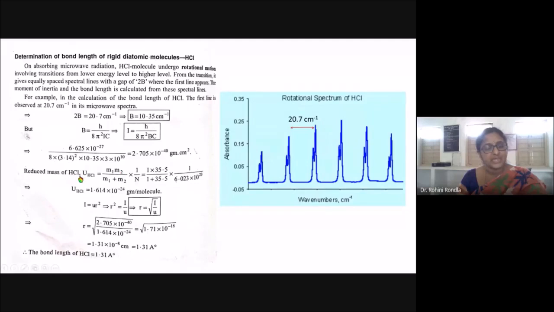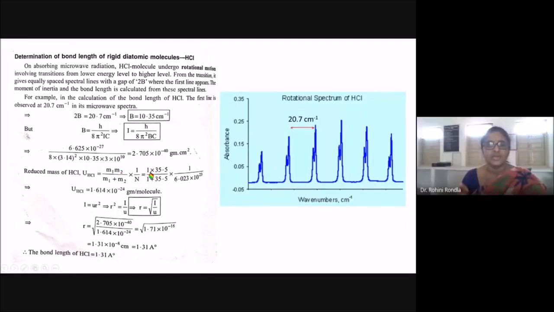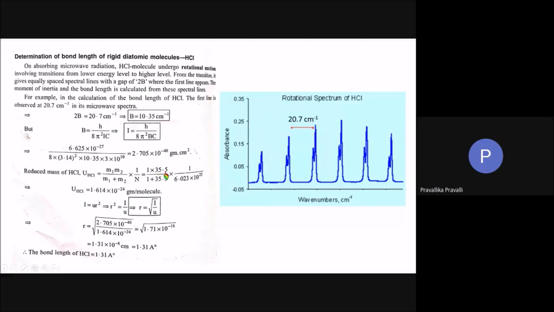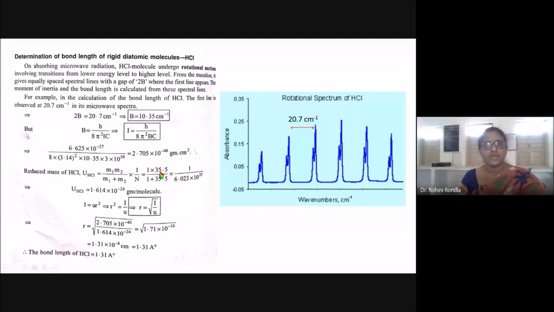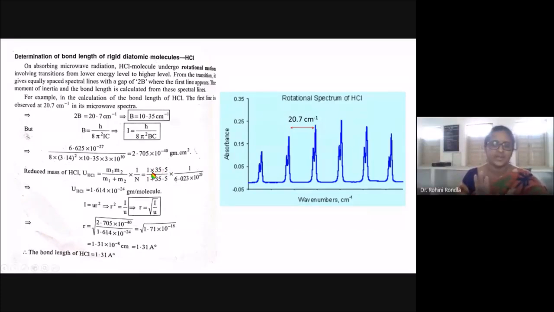Because we are taking HCl, hydrogen mass ఎంతమ్మా? 1, right? So 1 వేసాం. And M2 is the mass of chlorine. Chlorine mass ఎంత చెప్పండి? 35.5. Yes, 35.5. What is the molecular mass of HCl? 36.5. Very good, 36.5 కదా. So ఇక్కడ M1 is hydrogen mass, M2 is chlorine mass.